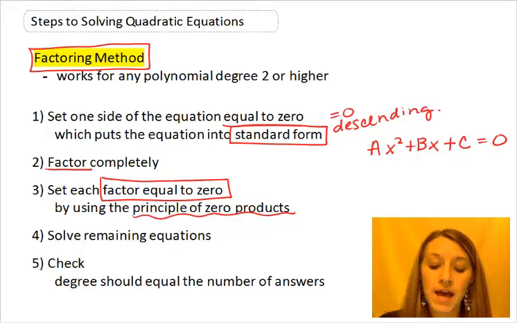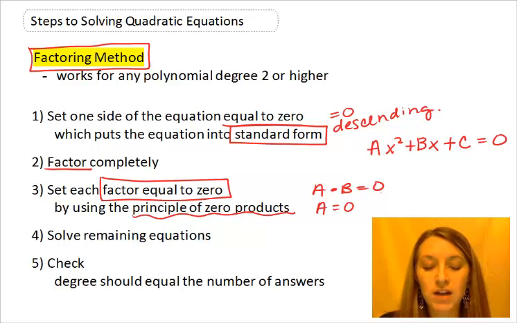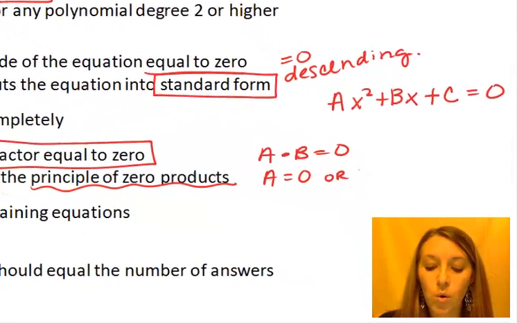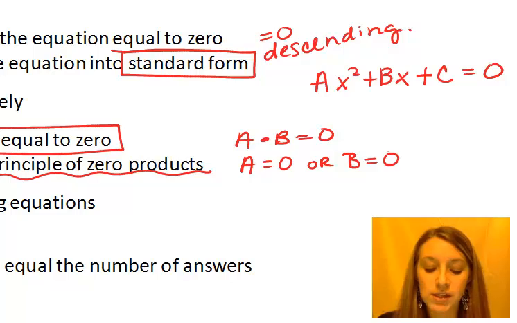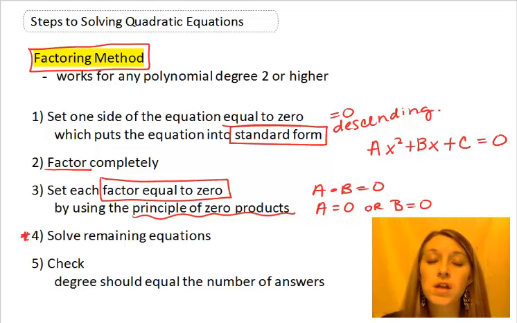Remember that principle says if we have something times something equal to 0, then either your first factor is equal to 0 or your second factor is equal to 0. After you do that, you should have it down to linear equations, so you can just solve those by isolating the variable. And then, last but not least, don't forget to check.